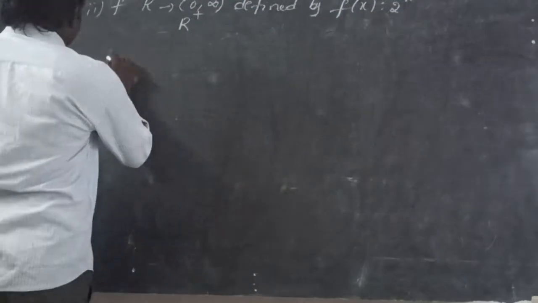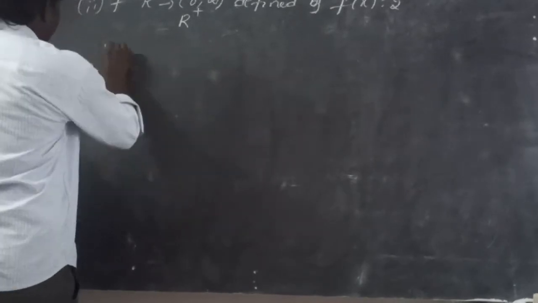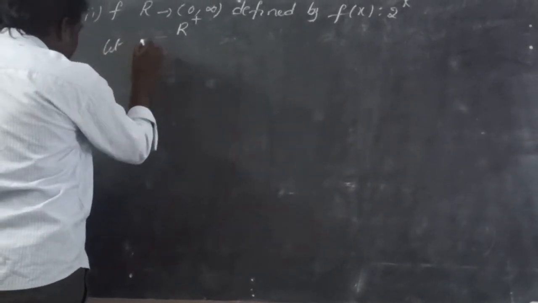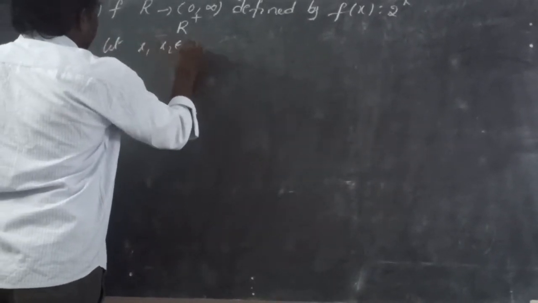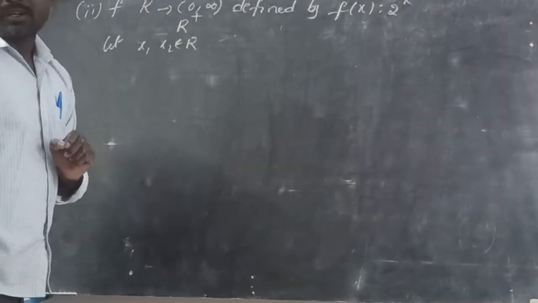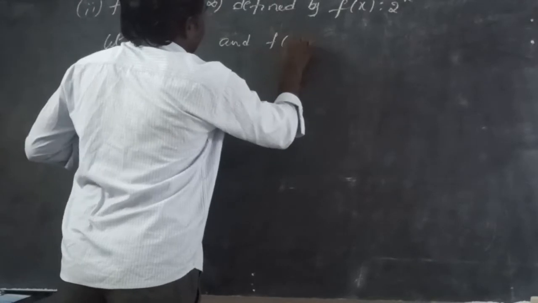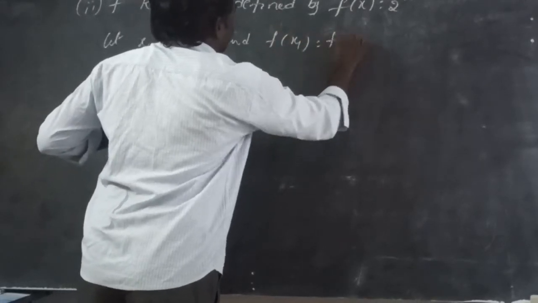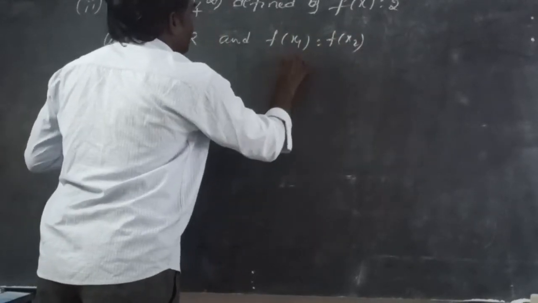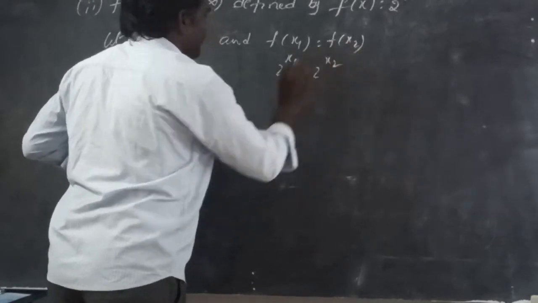Same, how can you prove it is an injection function? Let us take x1, x2 belongs to R and f of x1 is equal to f of x2. So that is 2 power x1 is equal to 2 power x2.